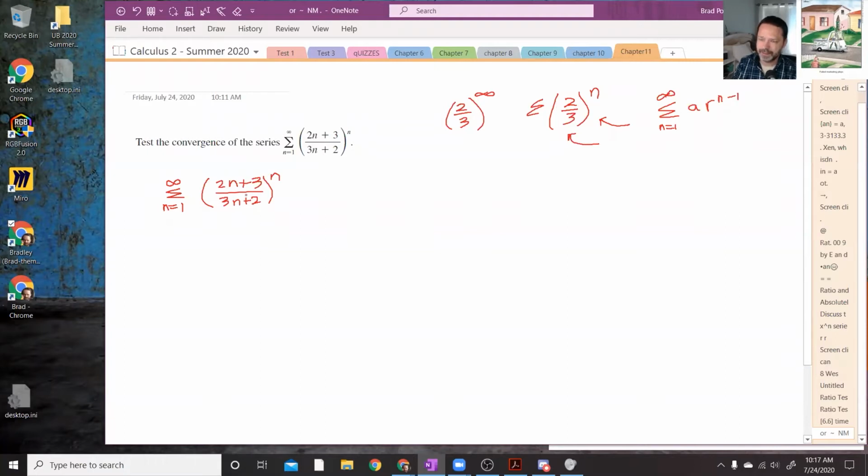Could I use a comparison test? Comparison tests are so much fun. It's easy to show because this is convergent. Is this bigger than this? Well, the top, it's not clear if it is. Maybe I could show it is. Maybe I couldn't.